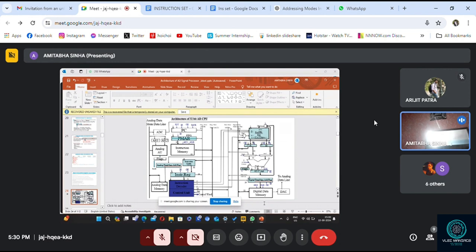Then you use an inverse, and you will get AB. And inverse means the diode will be in the forward path and resistance will be in the feedback path. So that is the way of doing multiplication using operational amplifiers.